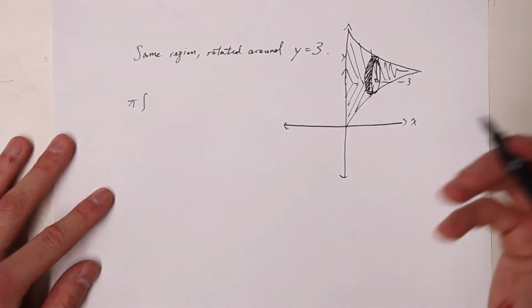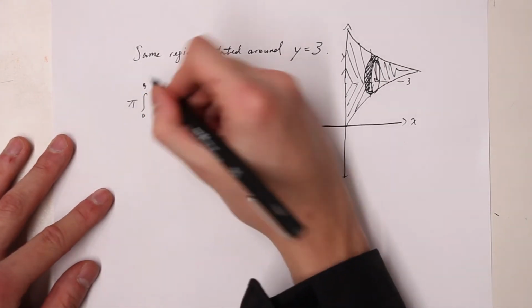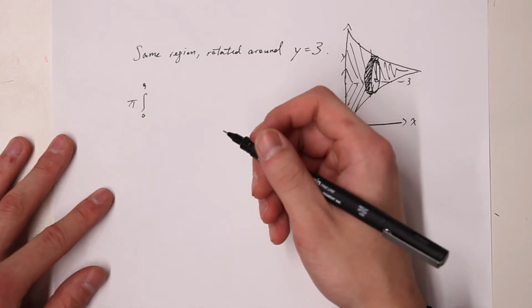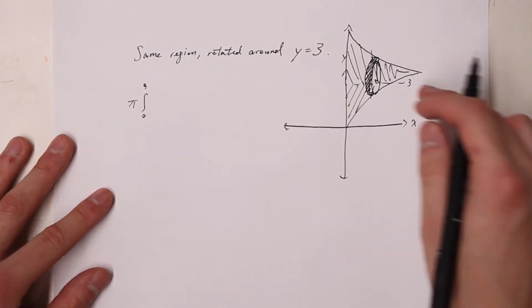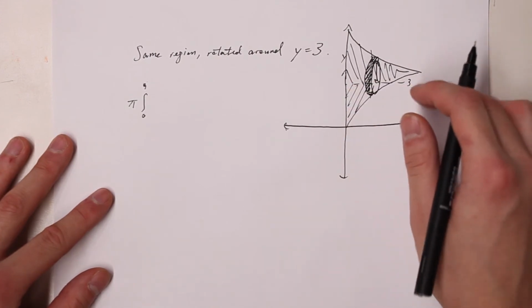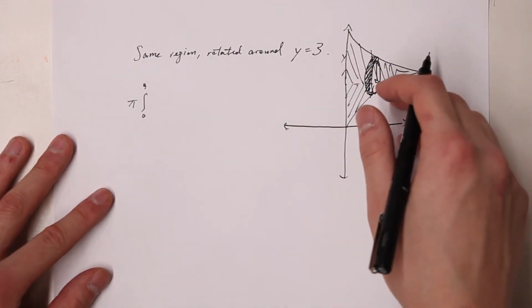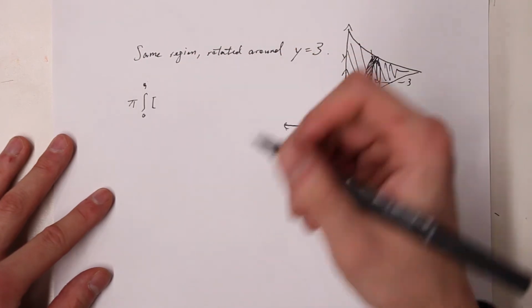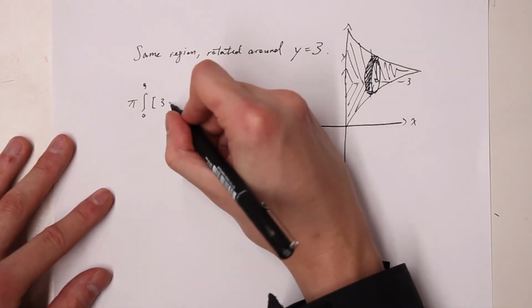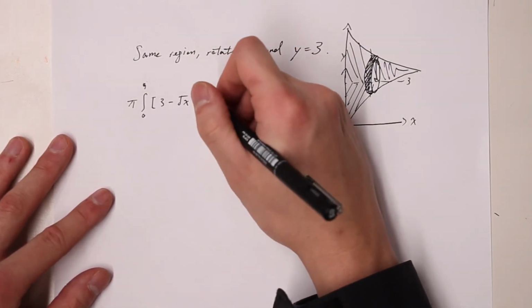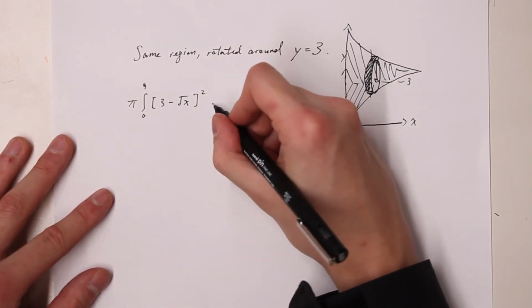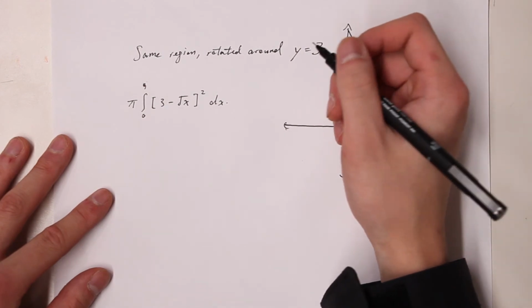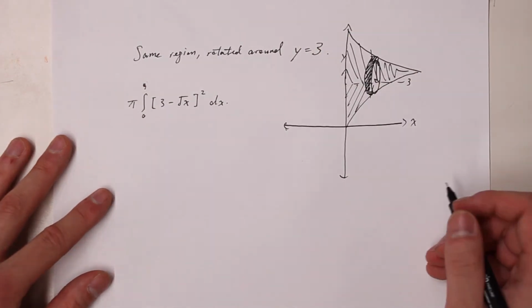And because we know from the last problem it's 0 to 9, we can stick with that. Because 3 is the new boundary, you have to figure out the radius, so it's 3 minus root x, squared, dx. And from there, you just solve the integral itself.